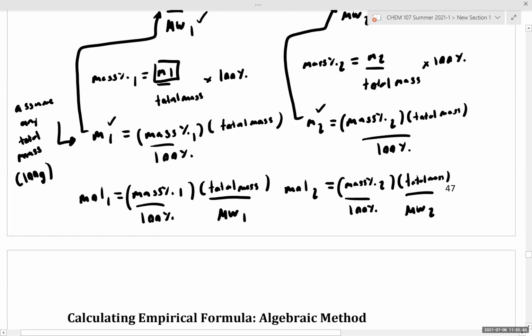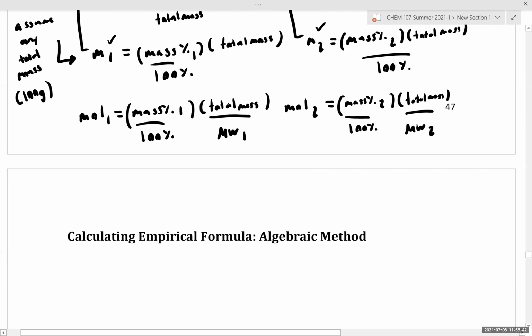Now, from here, we can simplify. We know the empirical formula is best thought of as the mole-to-mole ratio of our two elements. So then, all we have to do is substitute in what we've calculated into this mole-to-mole ratio.